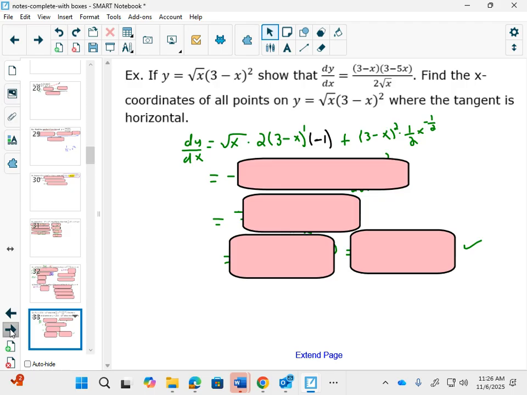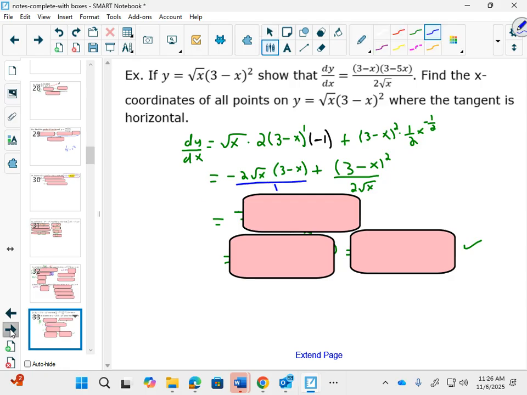And now we need to make it look like this. This has square roots in it, so I'm going to change my x to the -1/2 back to a square root. I notice the bottom has a 2 root x. So this one here, which is over 1, I'm going to multiply it by 2 root x over 2 root x to get that common denominator.